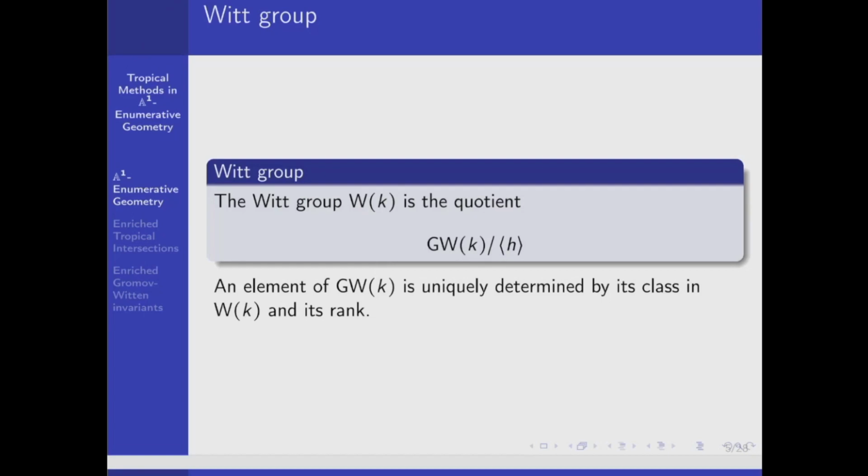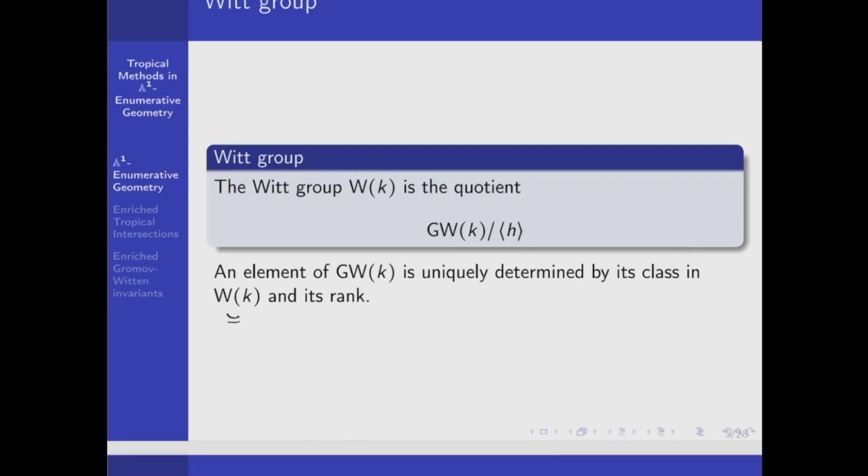Because if we know the class in WK, then your form is just this class plus an integer multiple of H, in such a way that the rank fits.